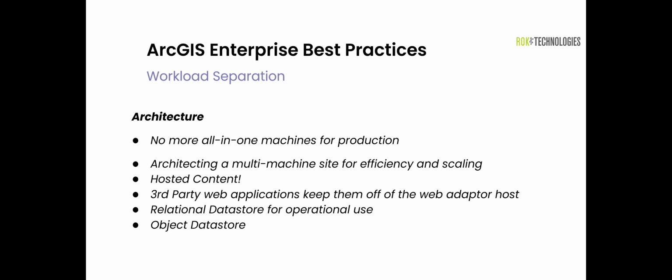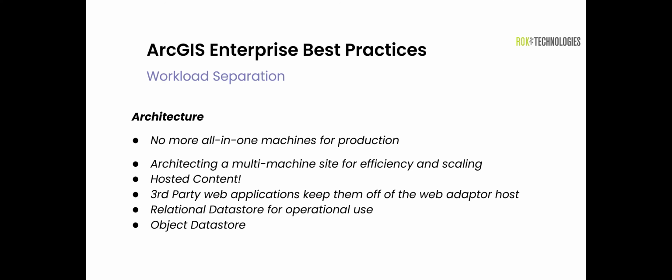Dev, you can get away with, but again, if you're doing a QA QC workflow on an application that's supposed to look and act like the one in production, maybe that wouldn't be a good option. But a multi-machine site, on the other hand, is where you have portal on one box, your hosting server on another, your relational data store on one, and then your web adapters on the web server.